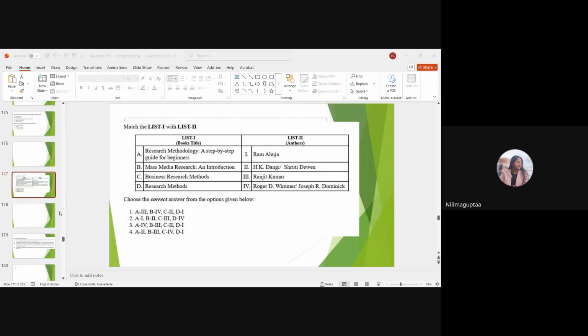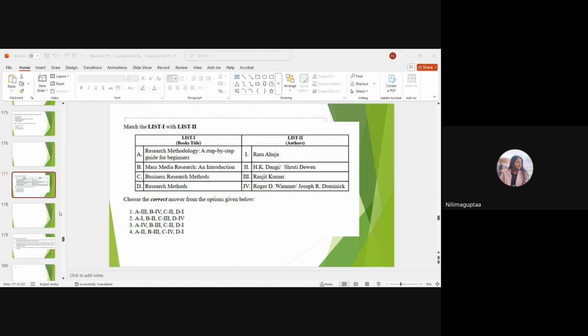That is Research Methodology: A Step-by-Step Guide for Beginners by Ranjit Kumar, then Mass Media Research: An Introduction by Roger and Joseph, Business Research Methods by H.K. Dangi and Shruti, and Research Methods by Ram Ahuja.